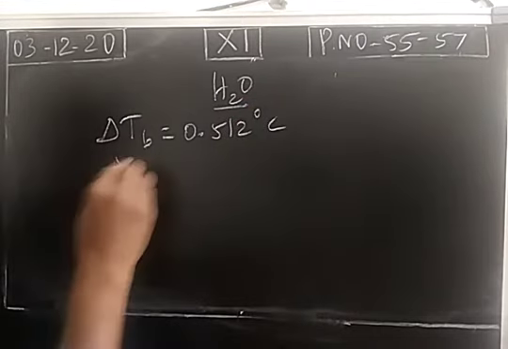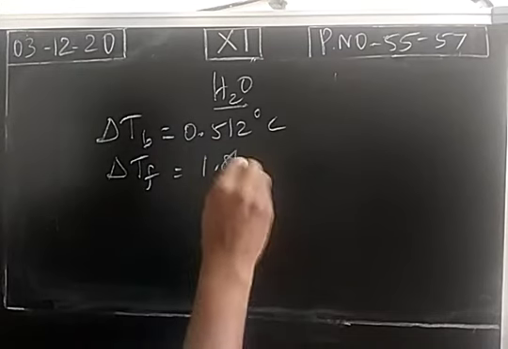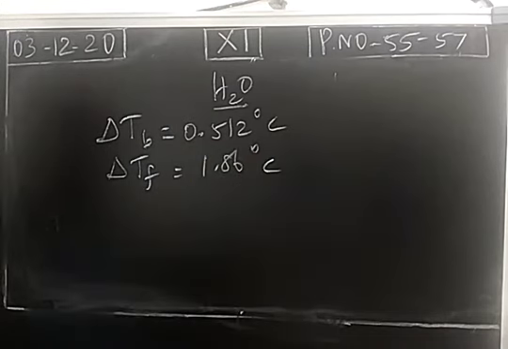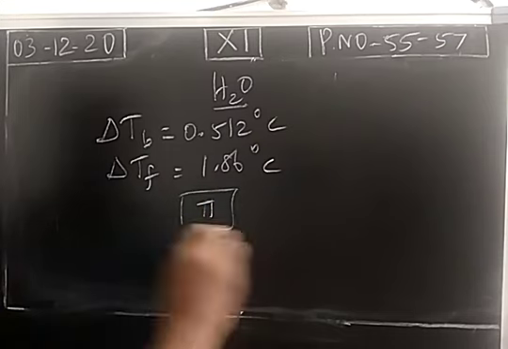For water, the depression in freezing point value is 1.86 degrees Celsius. Comparing these two, the osmotic pressure for water will be a larger one. Even when you take very dilute solutions, the pi value will be a larger value.